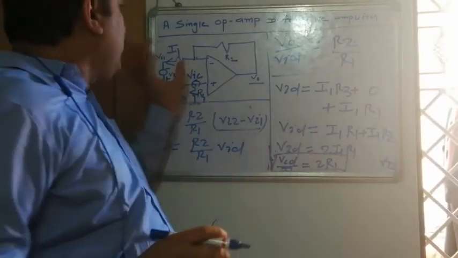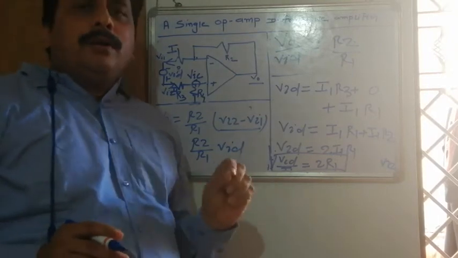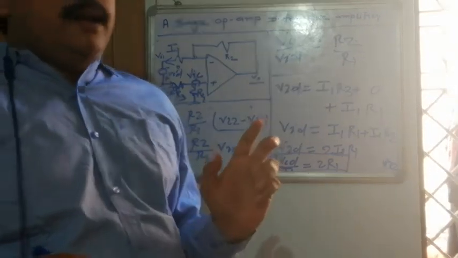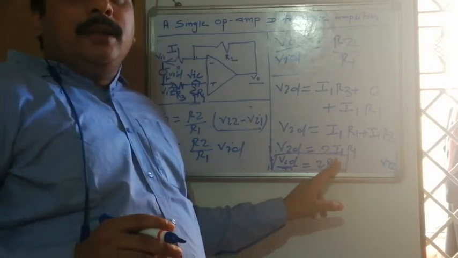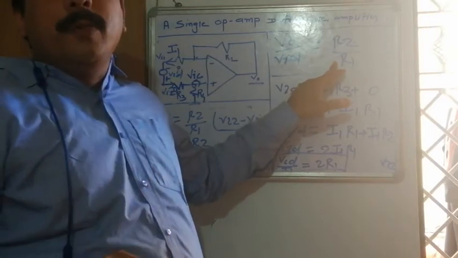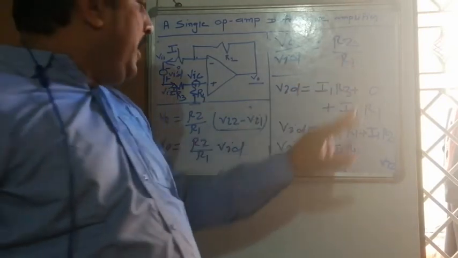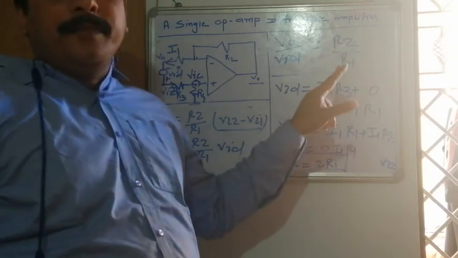Basically, I want to make high input resistance, as well as I want to achieve high gain. If I make R1 very large, then what happens? Gain will be very low. So we have to trade off between input resistance and gain.